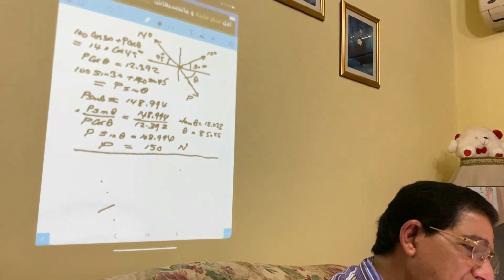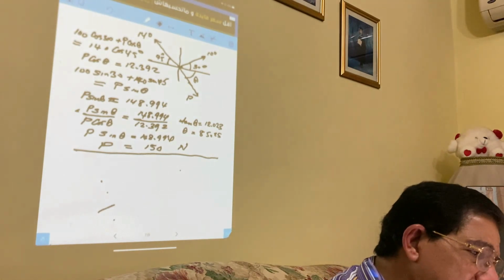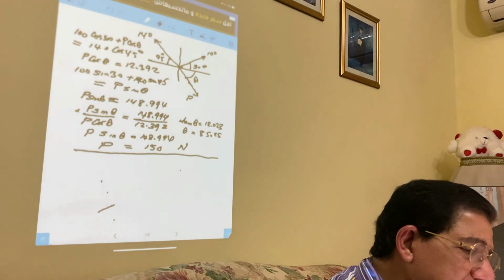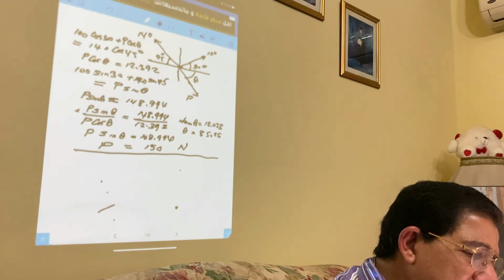Now, the first force we draw, let us draw it one by one. Okay? Now, I draw the first force, say 100 Newton, making 30 degrees like this.